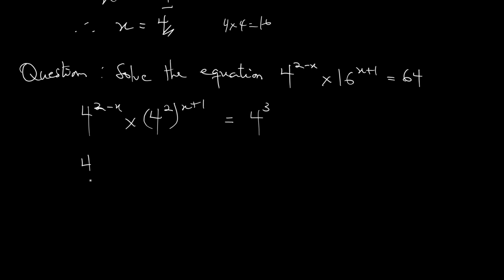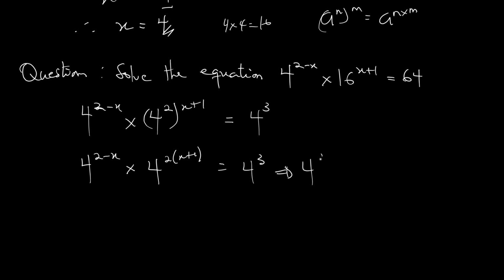So we have 4 raised to the power 2 minus x times 4. Now we know that a to the power n, all to the power m, is equal to a to the power n times m. So 4 to the power 2, all raised to the power x plus 1, is equal to 2 multiplying x plus 1. This is equal to 4 to the power 3. So we have 4 to the power 2 minus x times 4 to the power 2 multiplying x, we have 2x, plus 2 multiplying 1, we have 2, is equal to 4 to the power 3.